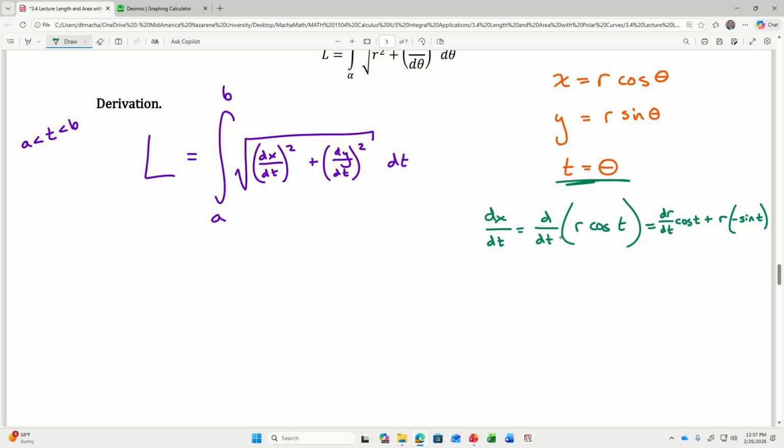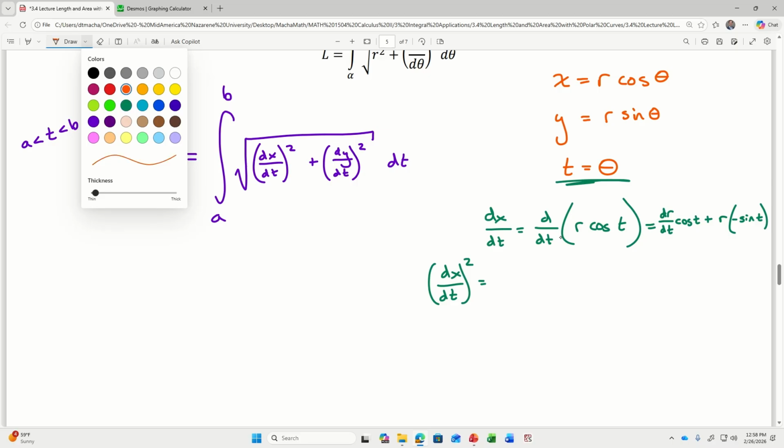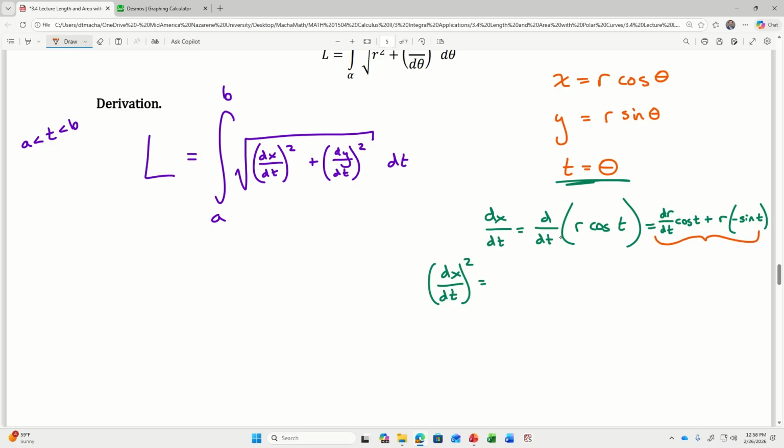So that's my derivative according to the product rule. And we think, well, what would happen if I now need dx dt squared, like I have in the integrand? Well, then we have to take this expression with two terms and then square it.